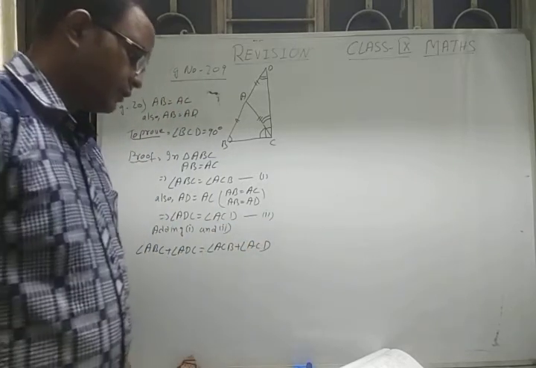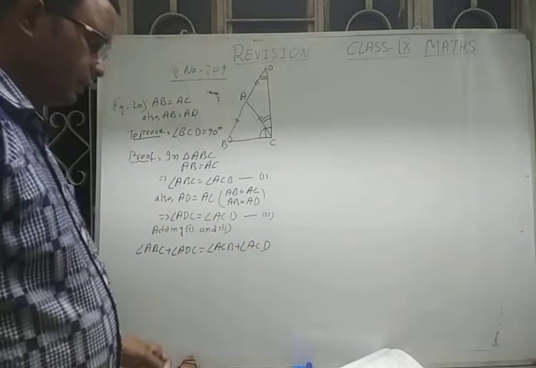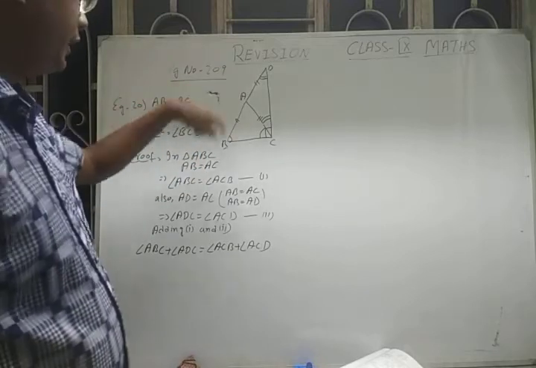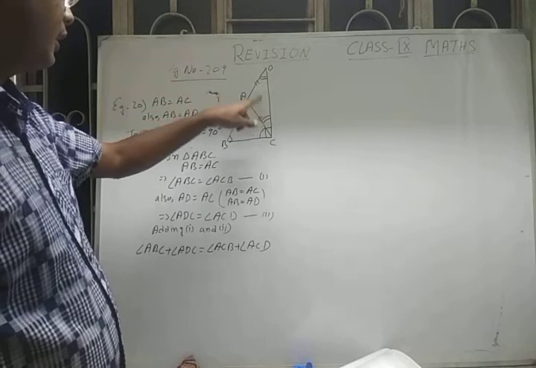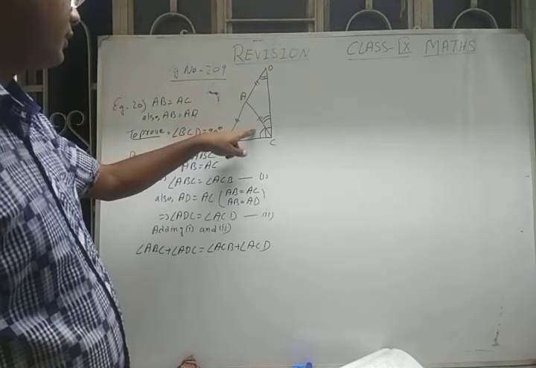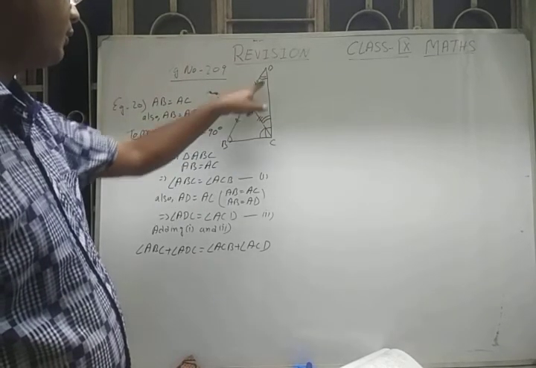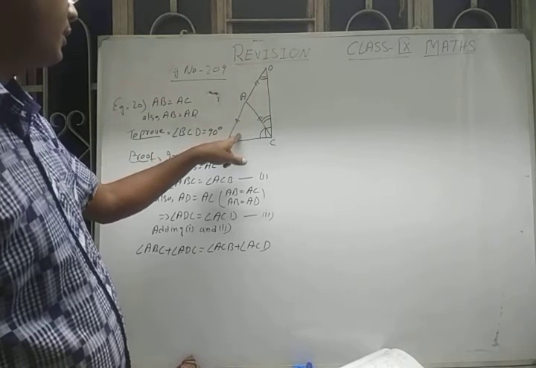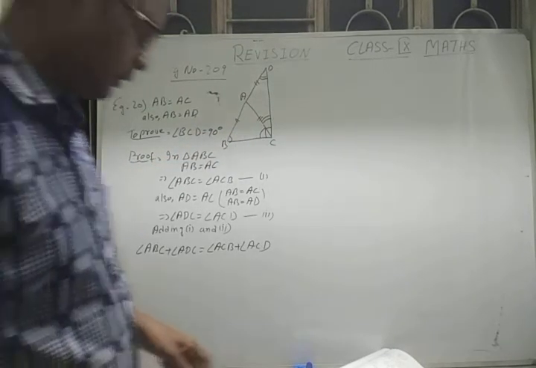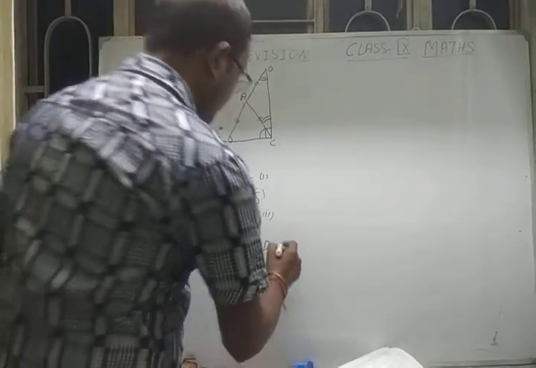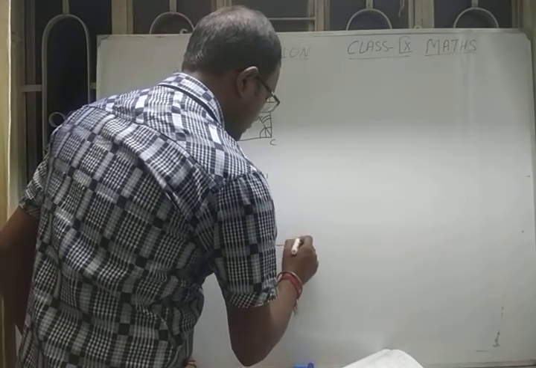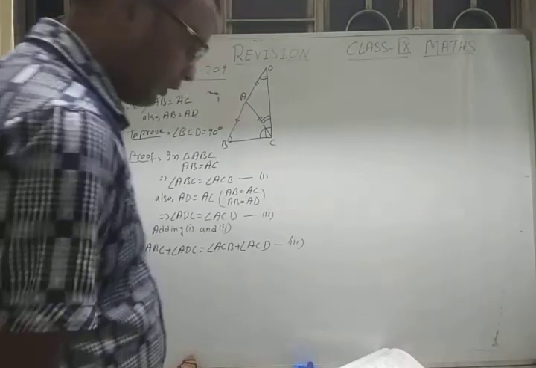Okay. Now in this full triangle ABD, you can say this angle is equal to this, and this angle is equal to this. So this plus this is obviously equal to this plus this. Okay. Consider this as equation 3.